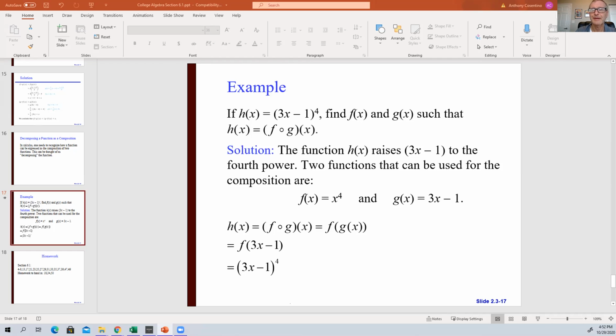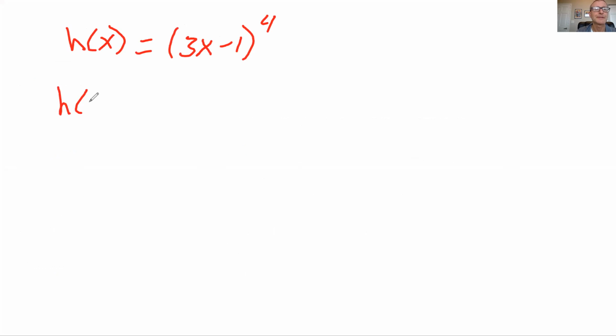Say I have a function, let's call it h of x, is 3x minus 1 to the 4th power. And the idea is you want to find an f and a g that are simpler that you could do this with. And that's what we mean by two simpler functions. You could see that the 4th here is going to be f.